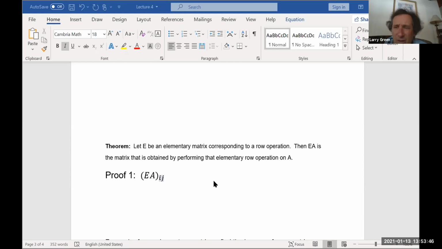All right, well, what's going on here? First thing, if we're looking at E, we've now switched 2 rows.